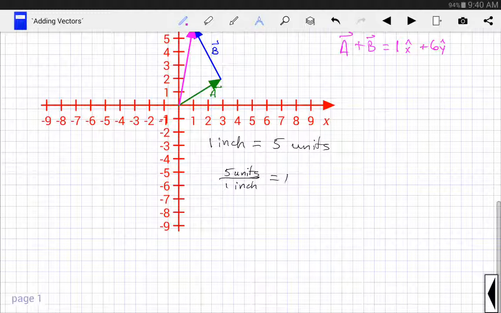Okay, so it was over 1 and up 6, so I'm going to go over 2 and up 12. I know it doesn't quite match up with my grid.